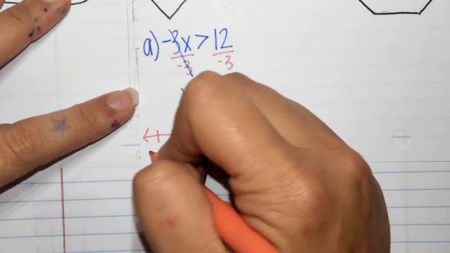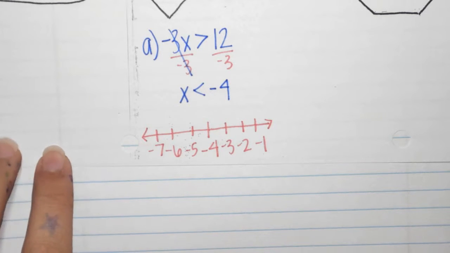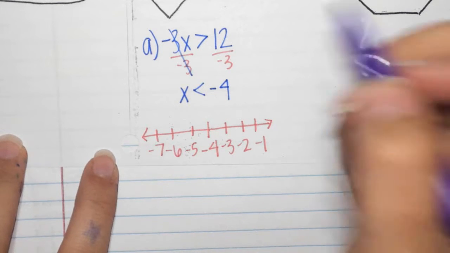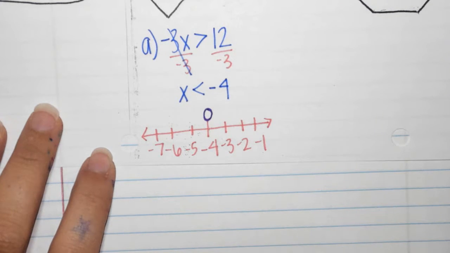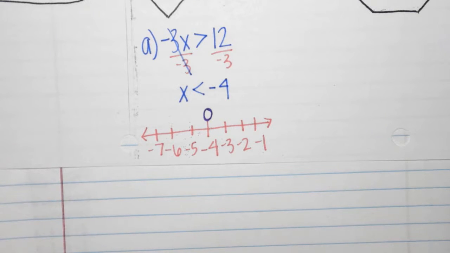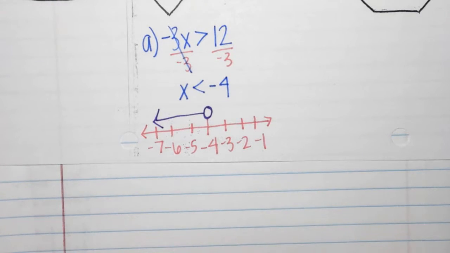Alondra, am I going to use an open or a closed circle? Open circle. Good. And Zach, am I going to shade to the left or to the right? To the left. Fantastic. We're done.